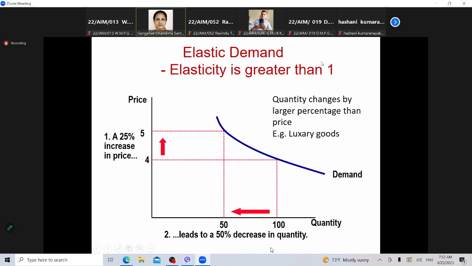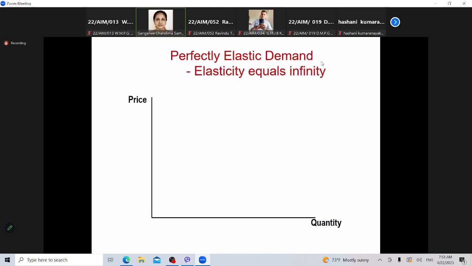So quantity demanded changes more than the price changes. That's why the value comes more than 1, like 10 divided by 2, then 5, greater than 1. But below 1, like 2 divided by 5, then 0.4. Okay, so that is the difference between elastic and inelastic situations.